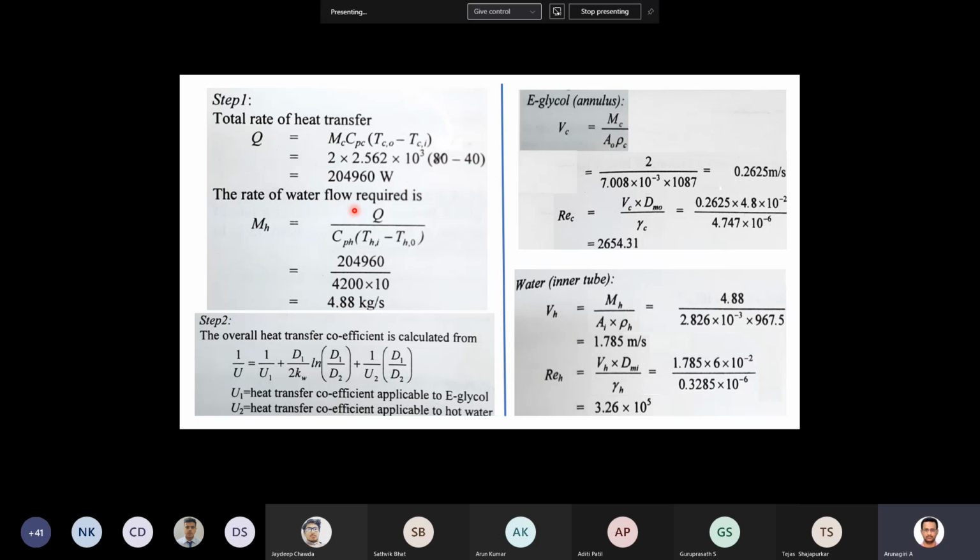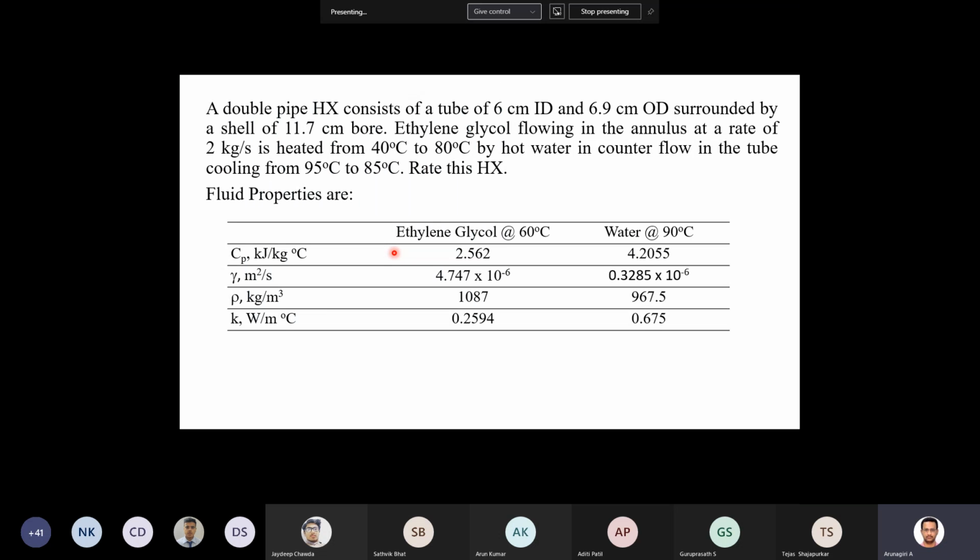Then we have to calculate the mass flow rate of water. That is, Q is equal to m Cp delta T for water. The water inlet temperature is 95 degrees centigrade and outlet temperature is 85 degrees centigrade.